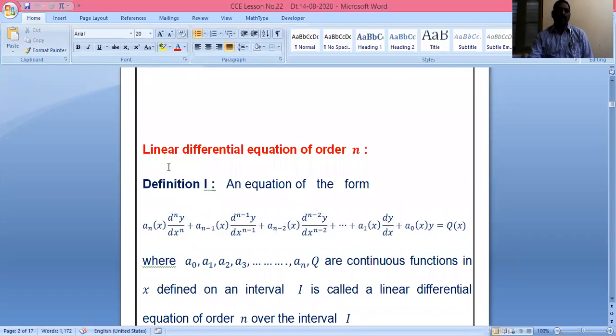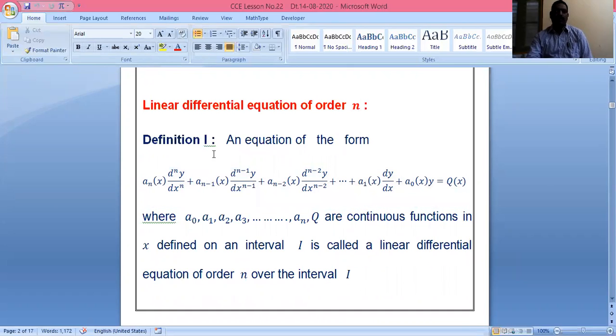Now, what is a linear differential equation of order n? Definition 1.